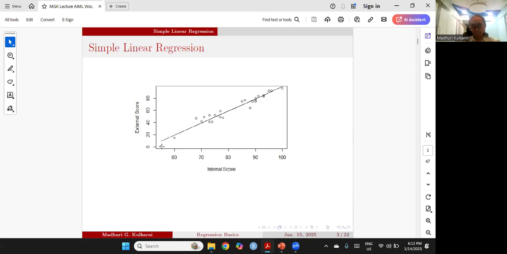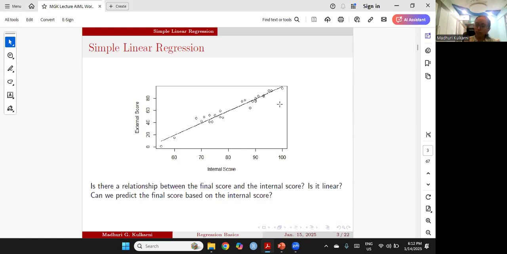So here you can see that these points are around this line. This line is called the line of regression, and these points are the actual data points. So yes, you can see that there is a linear relationship between internal score and final score, and so we can go for the linear regression model.